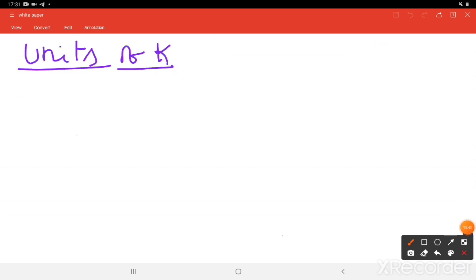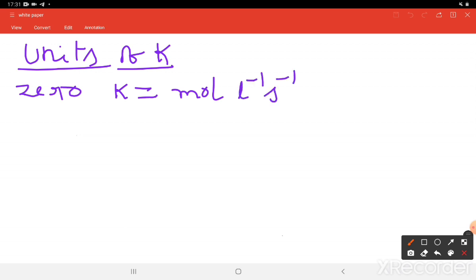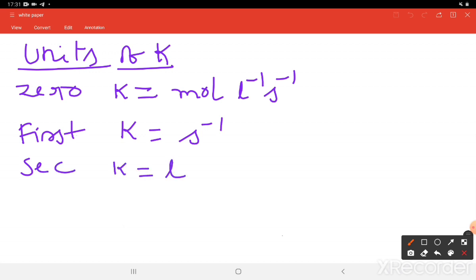Let us see units for different reactions. For zero order reaction, unit for k is mole liter inverse second inverse. For first order reaction, k is in second inverse. For second order reaction, k is in liter mole inverse second inverse.